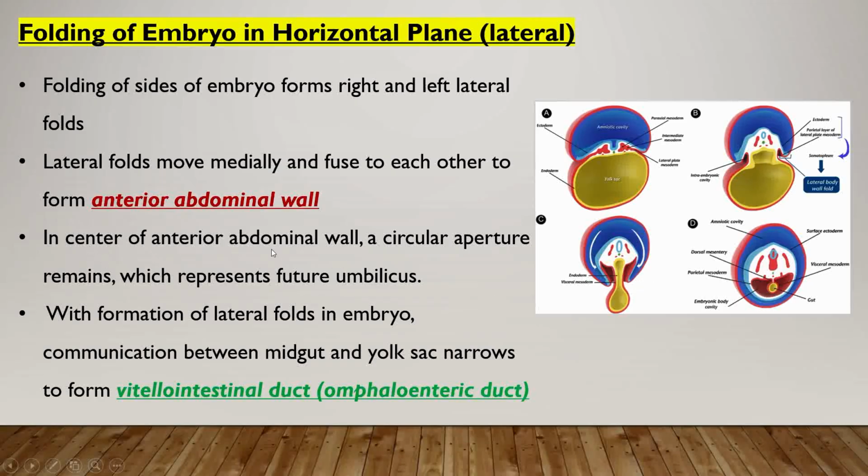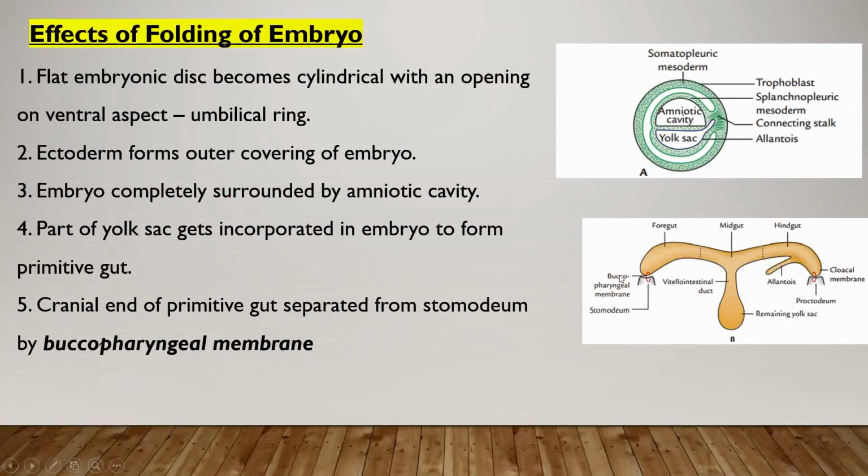In the center of the anterior abdominal wall, a circular aperture remains. This represents the future umbilicus. With the formation of the lateral folds in the embryo, the communication between the midgut and yolk sac narrows to form the vitellointestinal duct or omphaloenteric duct. So you can see here, this is the vitellointestinal duct or omphaloenteric duct.